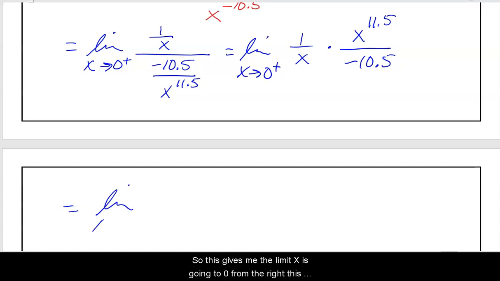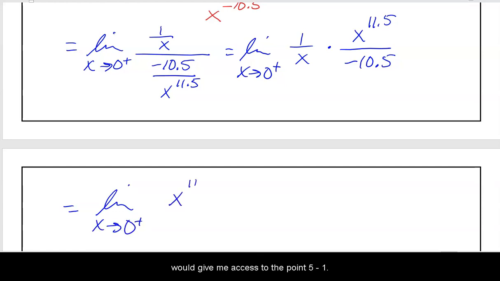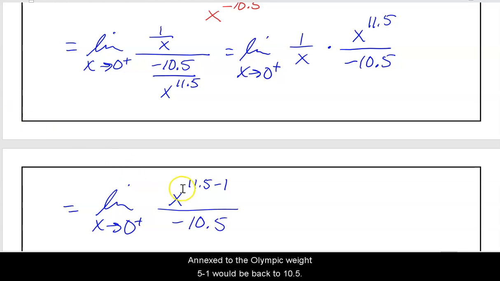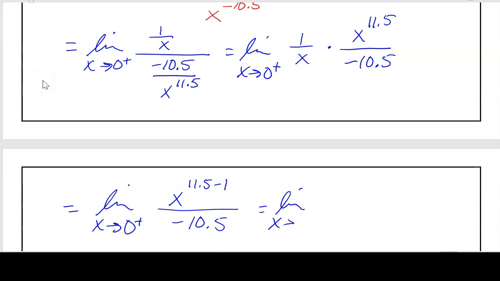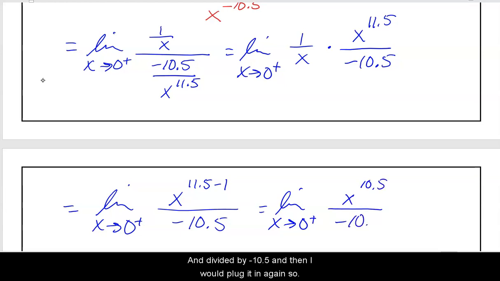So this gives me the limit as x is going to 0 from the right. This would give me x to the 11.5 minus 1 divided by negative 10.5. And x to the 11.5 minus 1 would be back to 10.5, divided by negative 10.5.